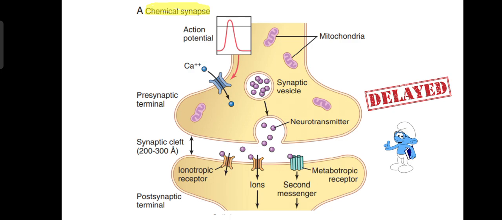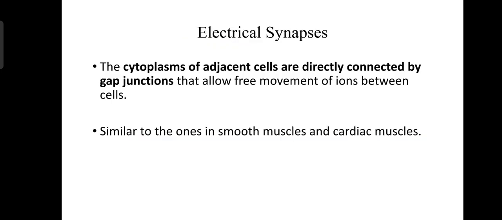All of these steps and changes result in a delayed type of transmission of information in the chemical synapses.